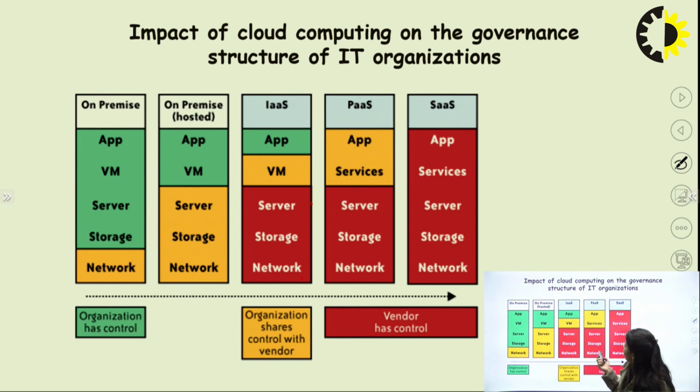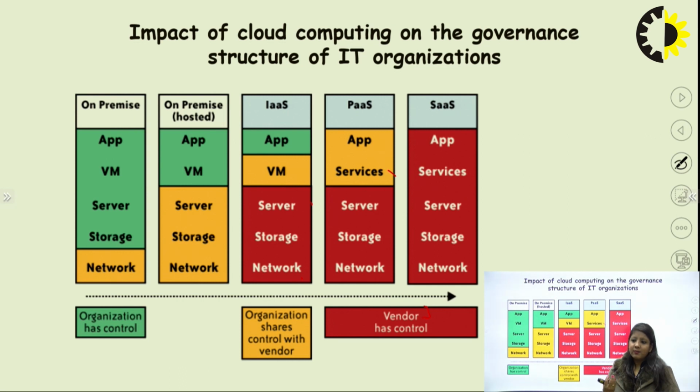Next is platform as a service. This is one step ahead, meaning all these services will be managed by the vendor. Only the platform, which is a kind of APIs or library support, will be provided to the customer, so that the customer can deploy their app and get the environment.